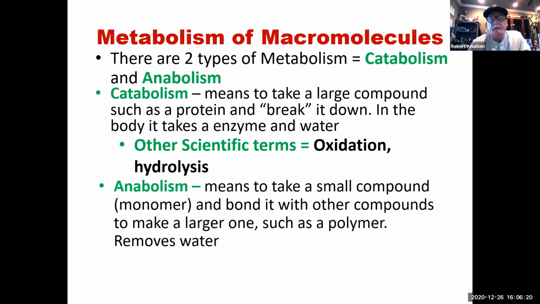Okay. Anabolism means to make a small compound like a monomer, remember what that is, and bond it with other compounds to make the larger ones, like a polymer. Remember those, monomer, polymer, just common names, okay? Good. And it removes water. That's why we hear the word reduction.